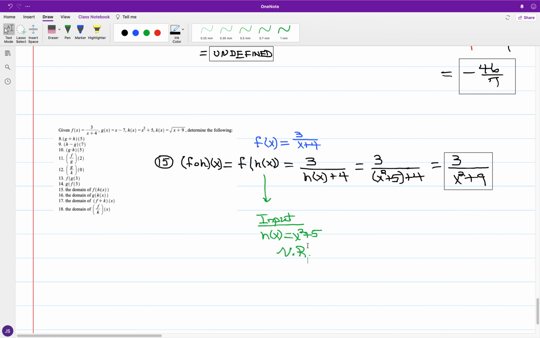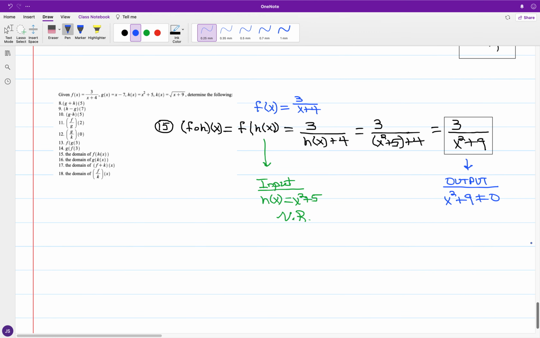Now for the output, we got a fraction with 3 over x squared plus 9, and this will be sort of a special case here. Now we got a ratio, and again, we have an x expression in the denominator. Now we have that x squared plus 9 cannot be 0.